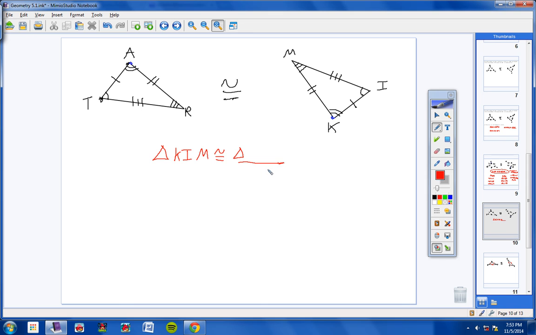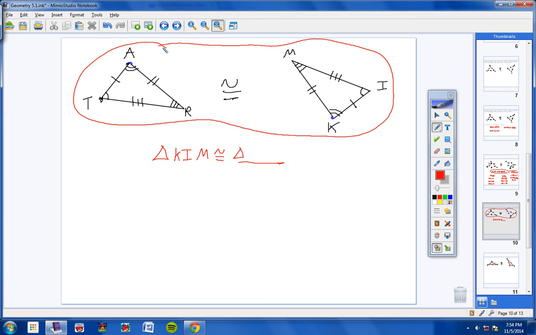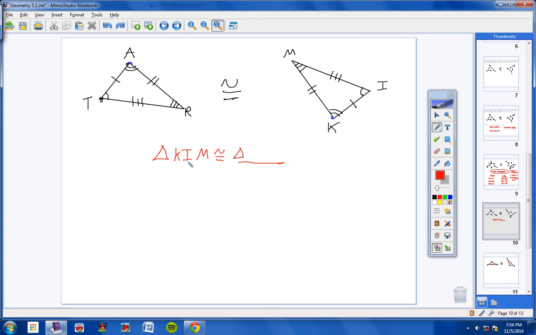I guess first of all, I should give you guys a couple seconds to copy the triangles down. So go ahead and copy the triangles down. And then go ahead and write the triangle over here that triangle KIM is congruent to. Give you guys just a couple seconds here to copy this down. And then write the congruent statement. Okay, if I'm going too fast, you can always pause the video.